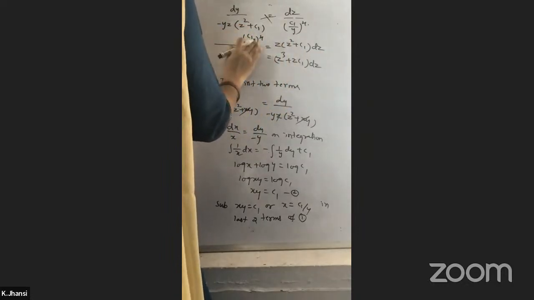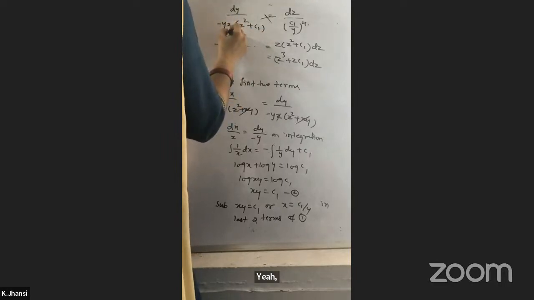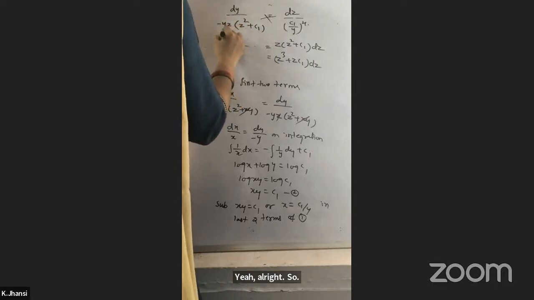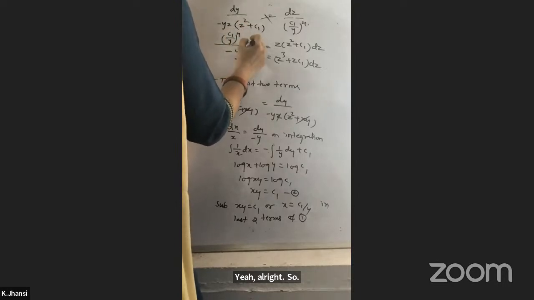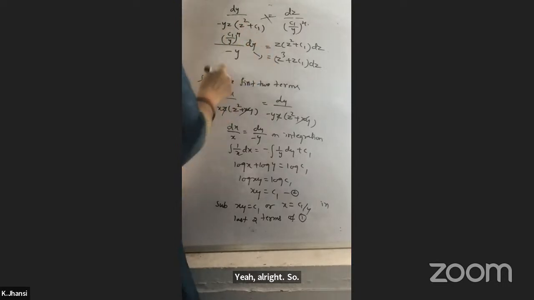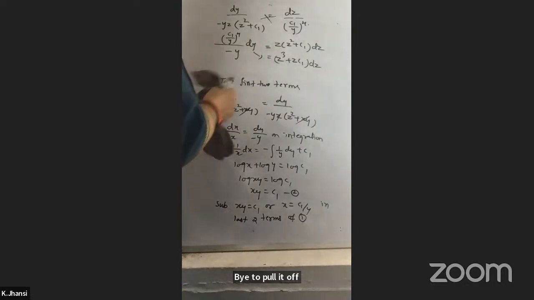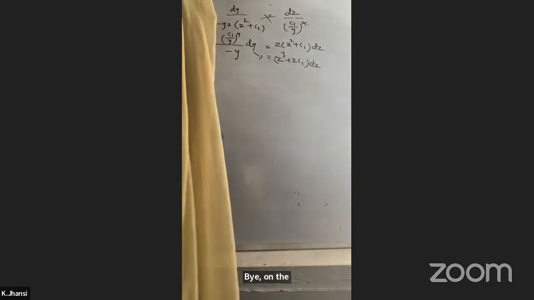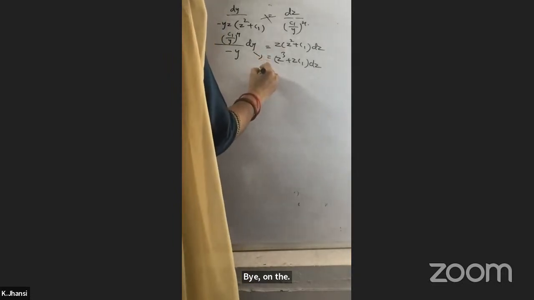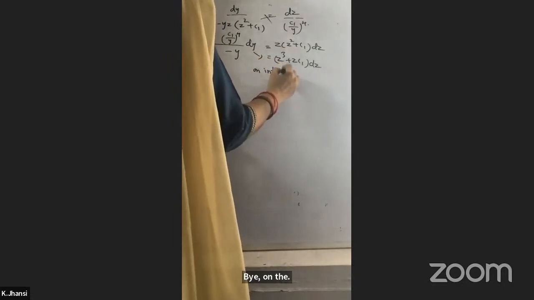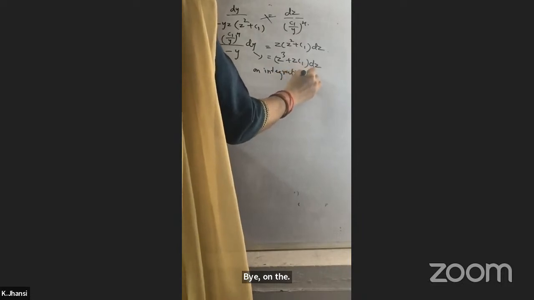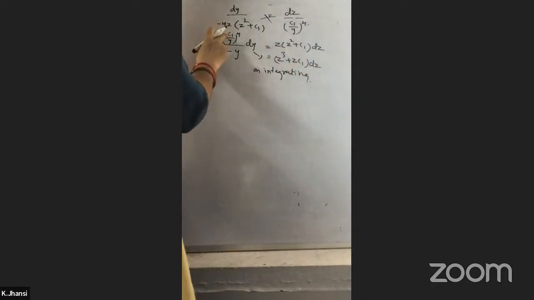You can write this as c1 by y to the power of 4 into dy. Okay, here also the same one. Now, on doing integration, on integrating, C1 is the constant term.